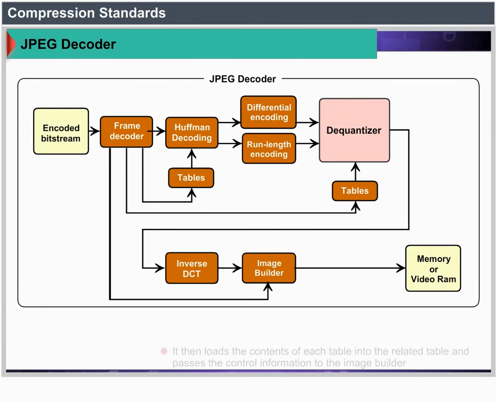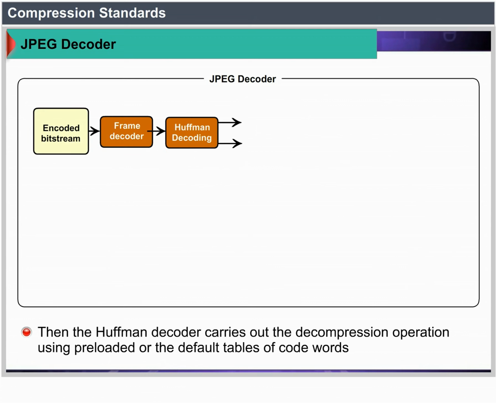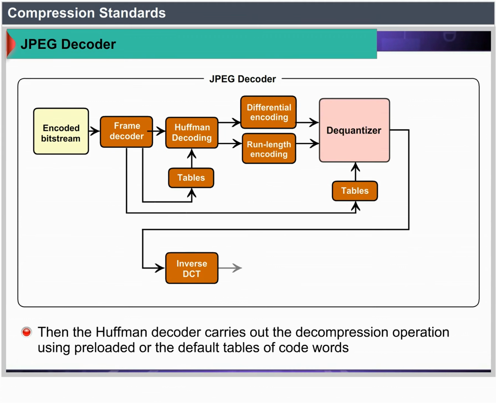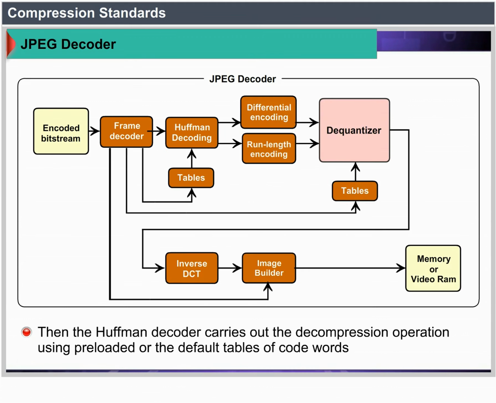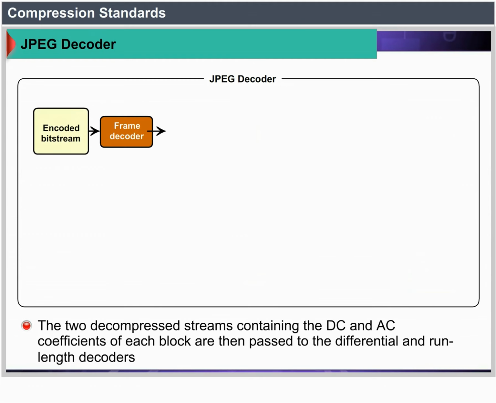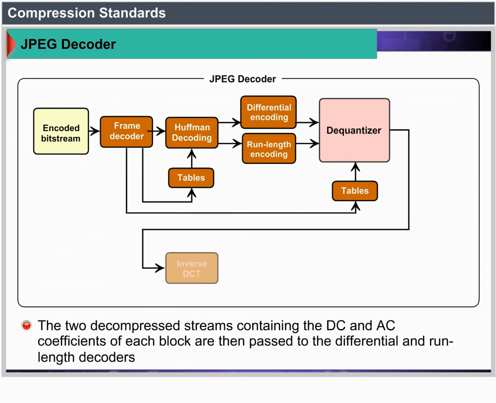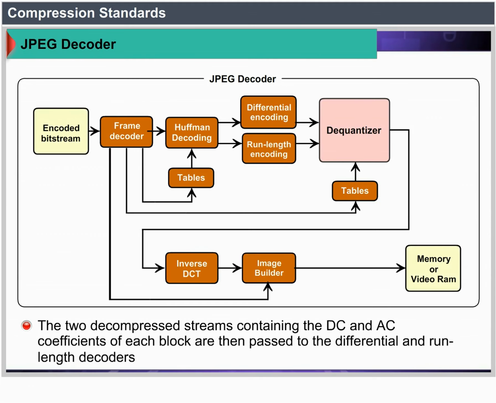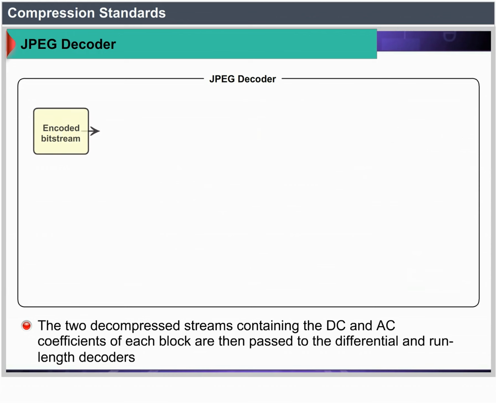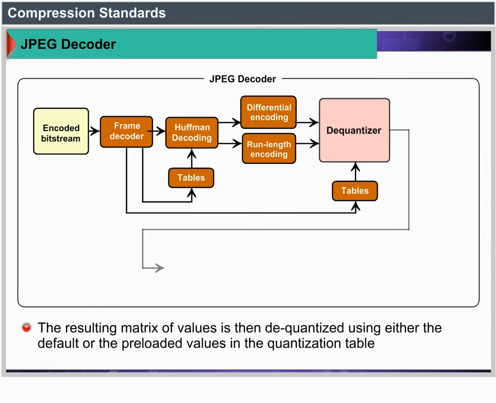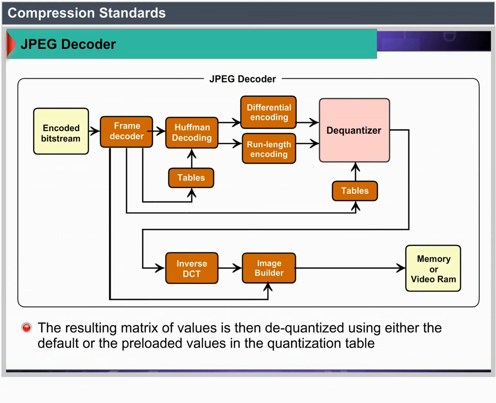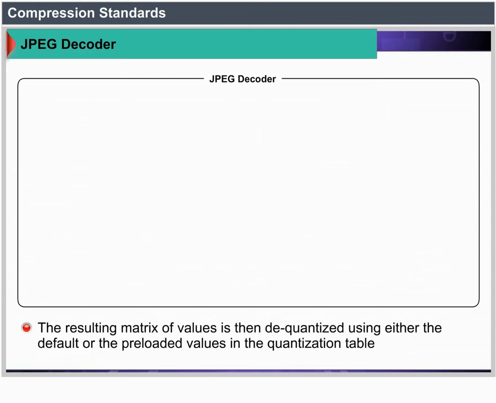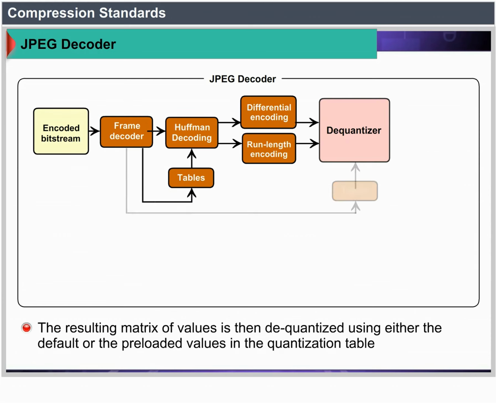Then the Huffman decoder carries out the decompression operation using preloaded or the default tables of code words. The two decompressed streams containing the DC and AC coefficients of each block are then passed to the differential and run length decoders. The resulting matrix of values is then dequantized using either the default or the preloaded values in the quantization table.